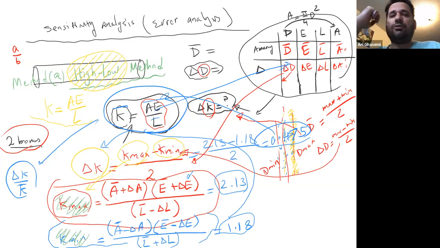Now, in order to cover this limitation of the high-low method, I want to introduce a method B. So let's go to another slide.